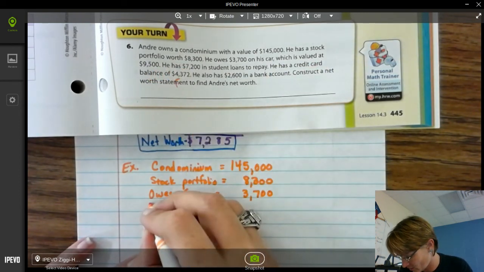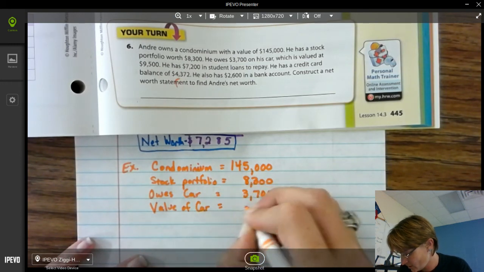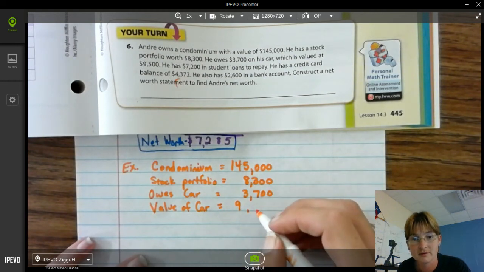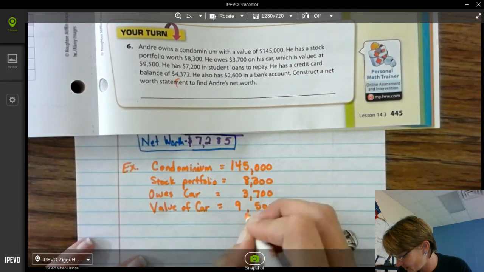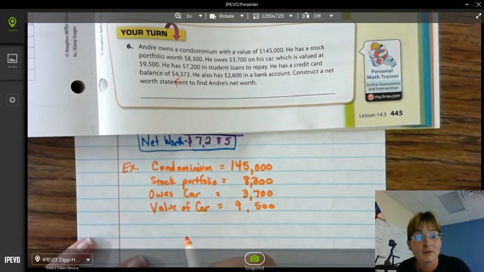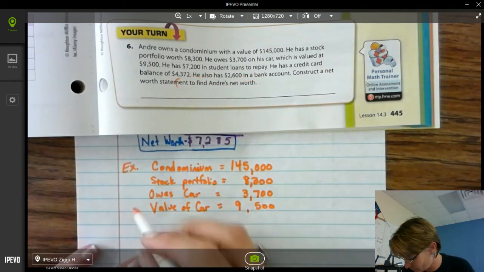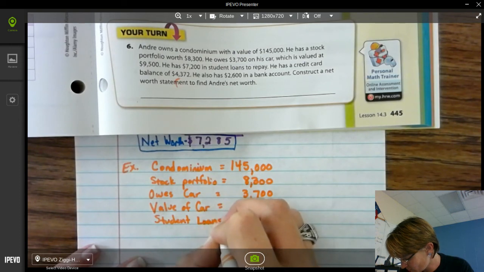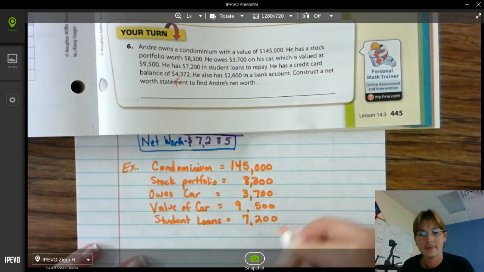Then it says the car is valued at 9,500. So the value of the car equals 9,500. I just got off on that, my bad. The 9 should have been under the 3. Line them up, please. He has $7,200 in student loans, so student loans is 7,200.